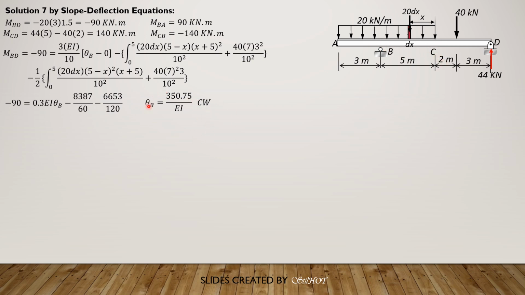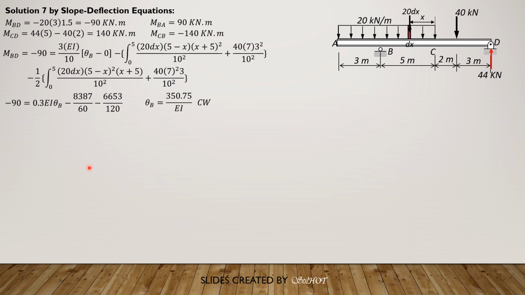But clockwise slope or clockwise rotation with respect to the global orientation is negative, because counterclockwise is positive, just like in double integration method. So theta B is 370.75 over EI clockwise, and we use this because we are using slope deflection equation.